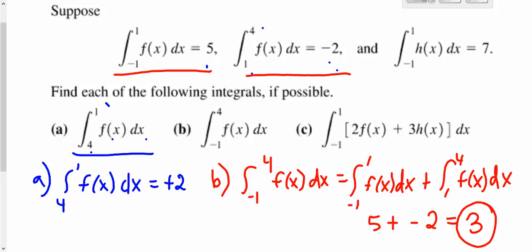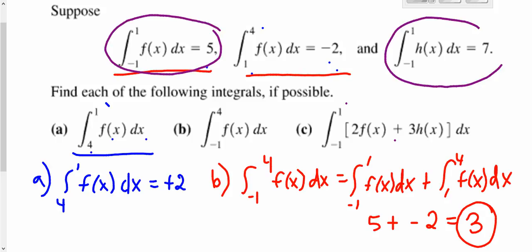Then the last thing it asks us is the integral of -1 to 1 of 2f of x plus 3h of x dx. So here are our -1 to 1 integrals. I see an f of x, I see an h of x. This one is multiplied by a number. They're added together and multiplied by a number.